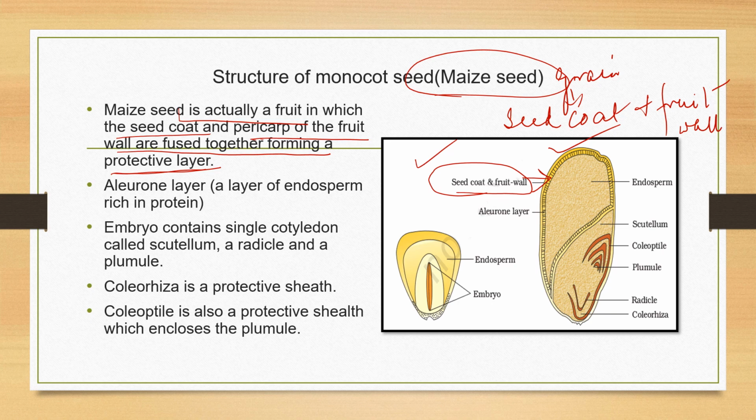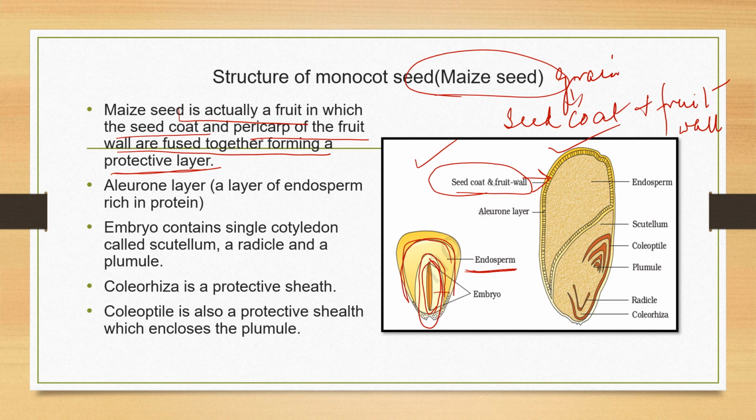This area marks the location of the embryo inside the seed, and the remaining large part is the endosperm, the food storing organ, whereas this light colored oval shaped area is the embryo.